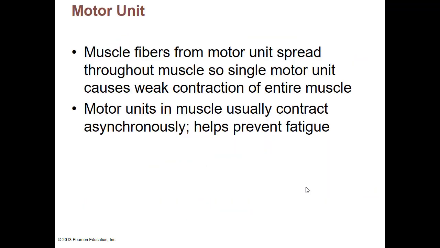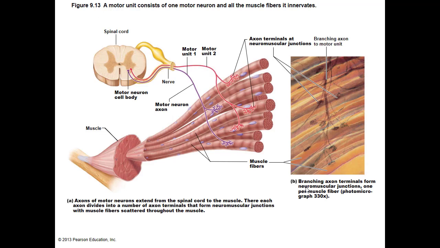Now, that motor unit, that one neuron that branches and controls several muscle fibers, does spread throughout the muscle. So in that motor unit, we'll just pick on number 2. When an action potential, an electrical impulse, travels along that axon, it's going to cause those 3 fibers to contract. None of the other muscle will contract.